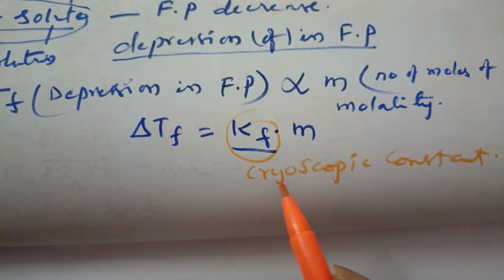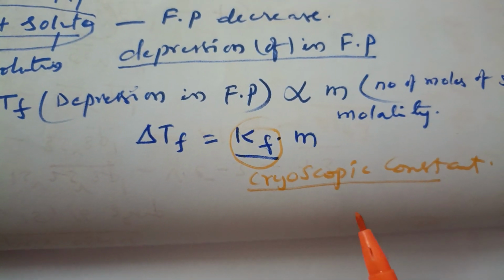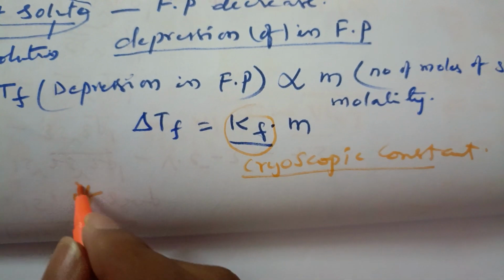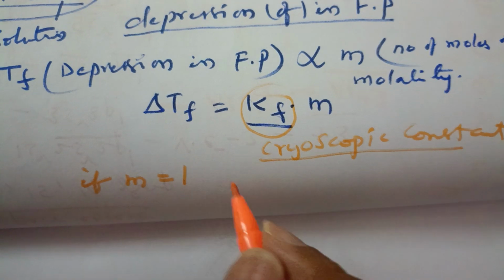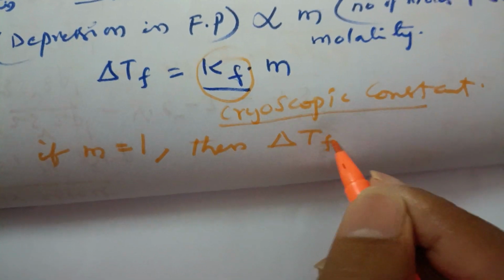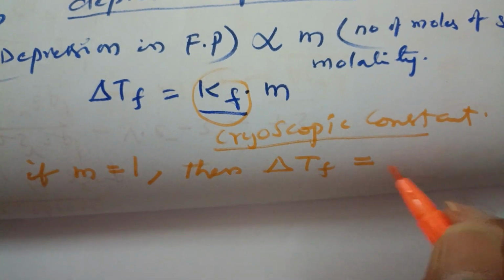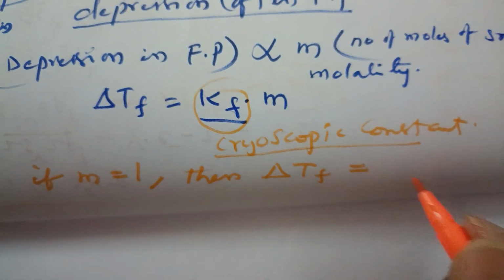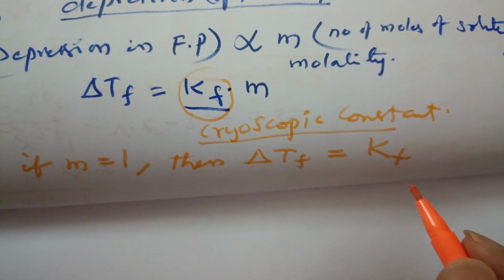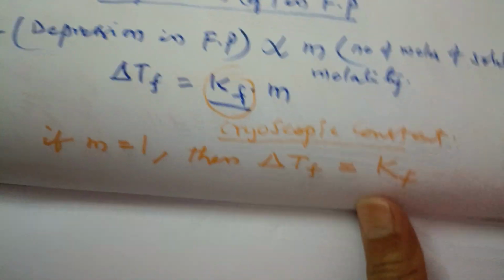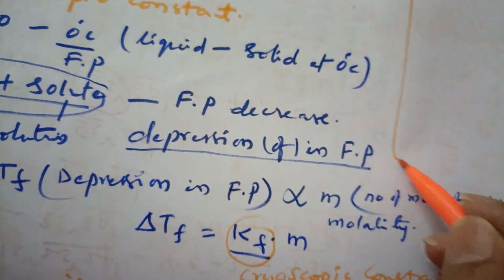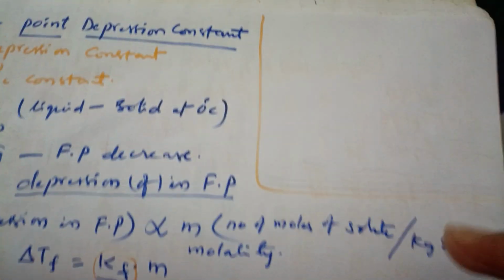How can we define this cryoscopic constant? If you take m equal to 1, then delta Tf is equal to Kf into 1. That is Kf. Here we discuss that definition.